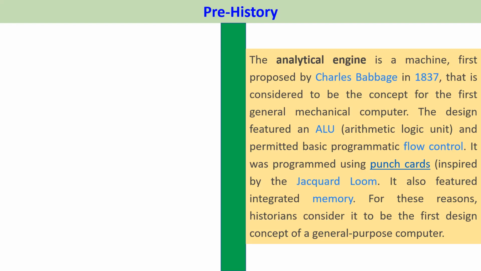It also permitted basic programmatic flow control. They used a special device called the punch card to program it. The punch card was first invented for Jacquard's loom, for a different purpose, but it is able to do input-output operations, and it was also used to store information. Through the punch card, the machine is able to take input, store something inside the machine, and display the output.